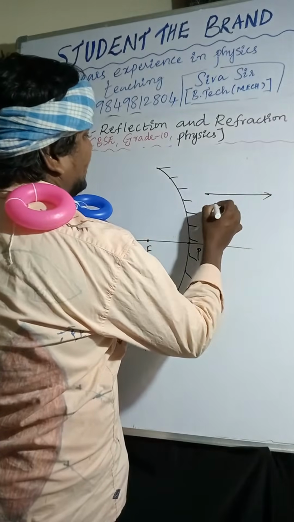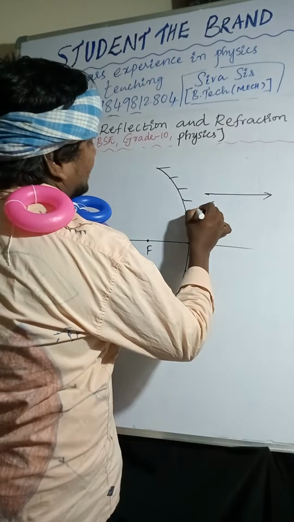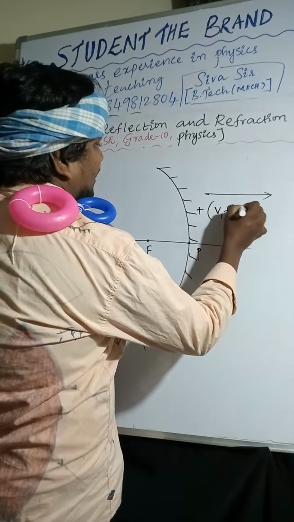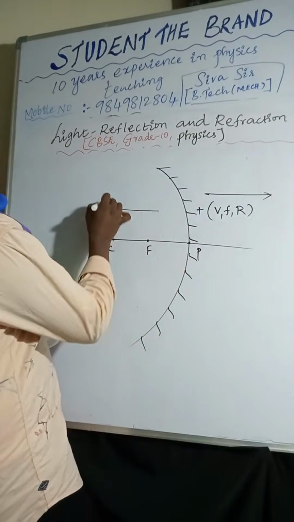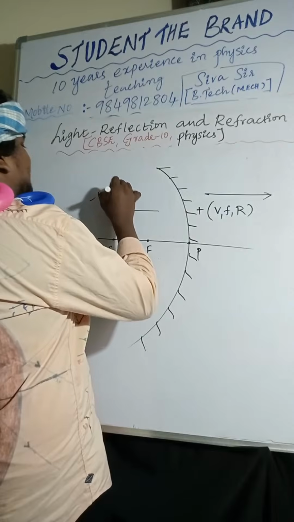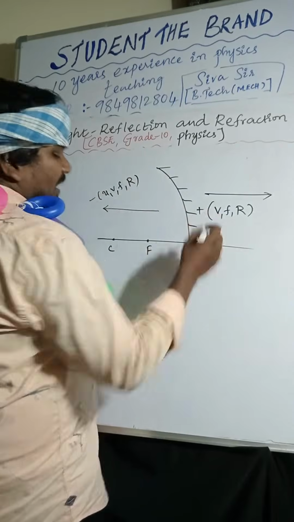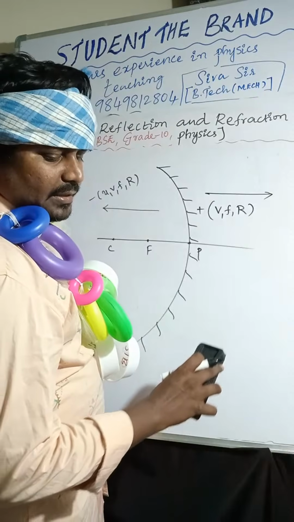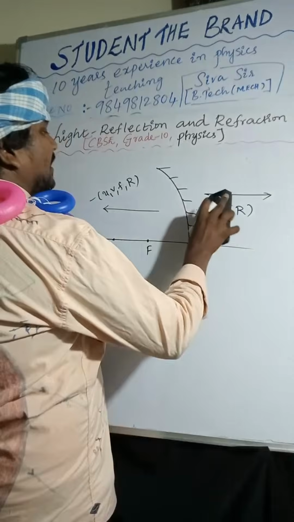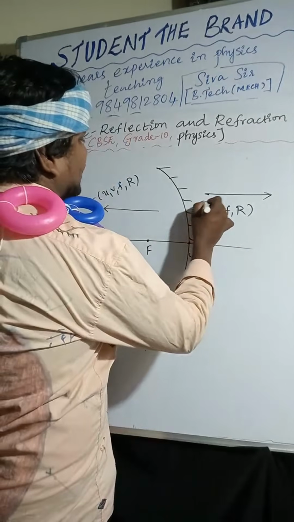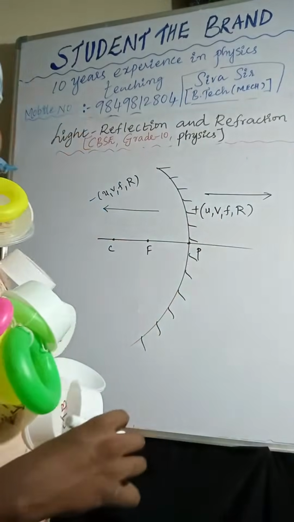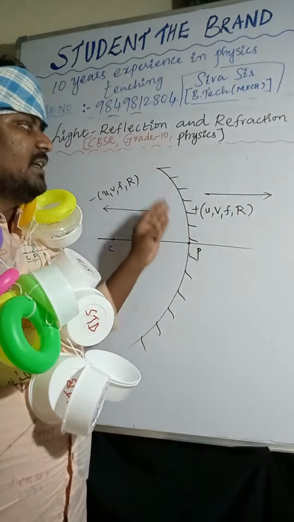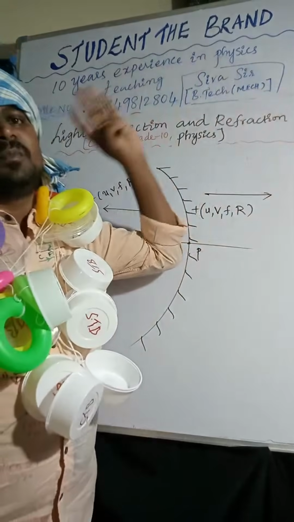In the direction of incident rays, object distance, image distance, focal length, and radius of curvature are all positive.